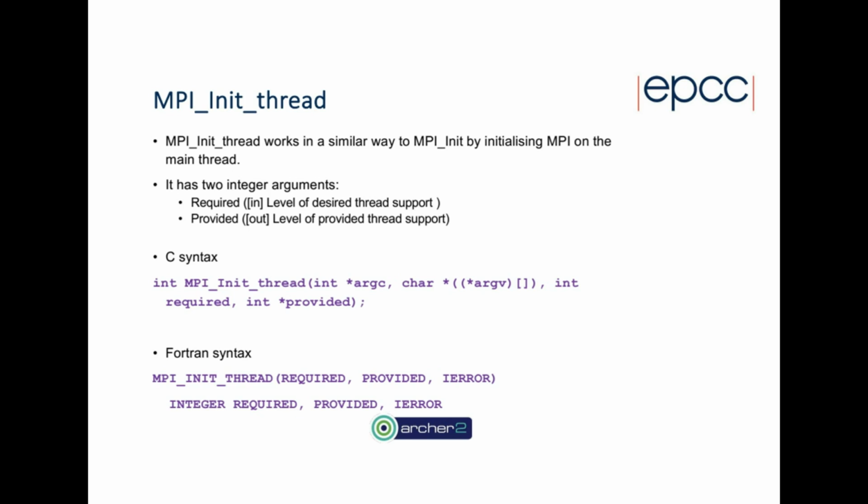If you're going to use threads, you are supposed to call MPI_Init_thread instead of MPI_Init. It has two additional integer arguments: the required level, which is an input and says the level of thread support that we want, and then it returns as an output argument the provided level, the level of thread support that the library is actually going to provide for you.